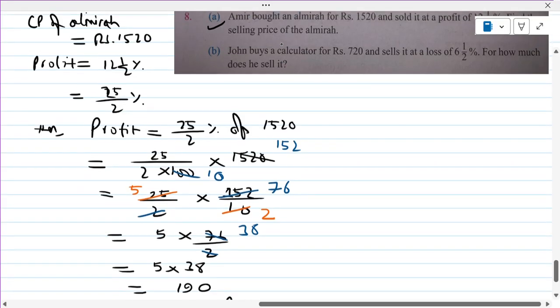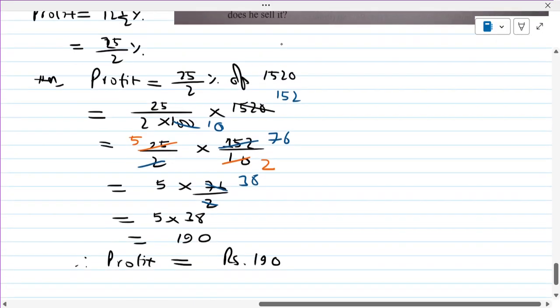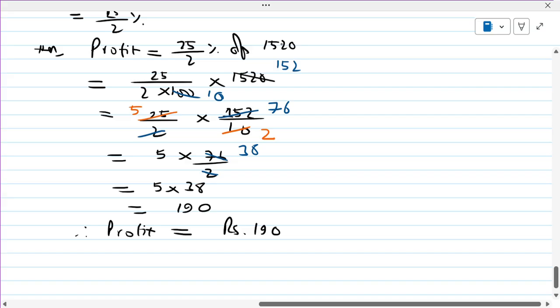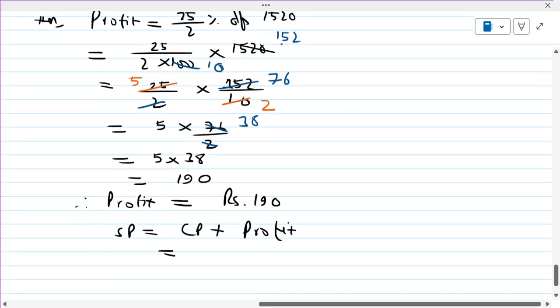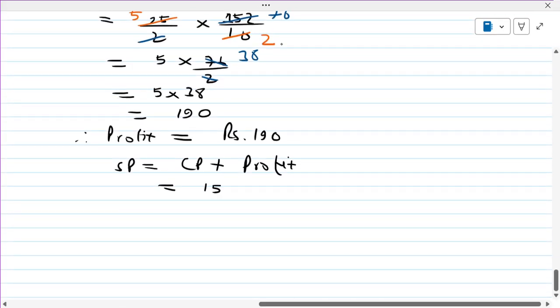After finding profit, now we can easily find the selling price. The selling price will be bigger than the cost price as there is profit, so we find that amount by adding profit to the cost price. So SP will become CP plus profit. The cost price was 1520, and on that we have to add 190.